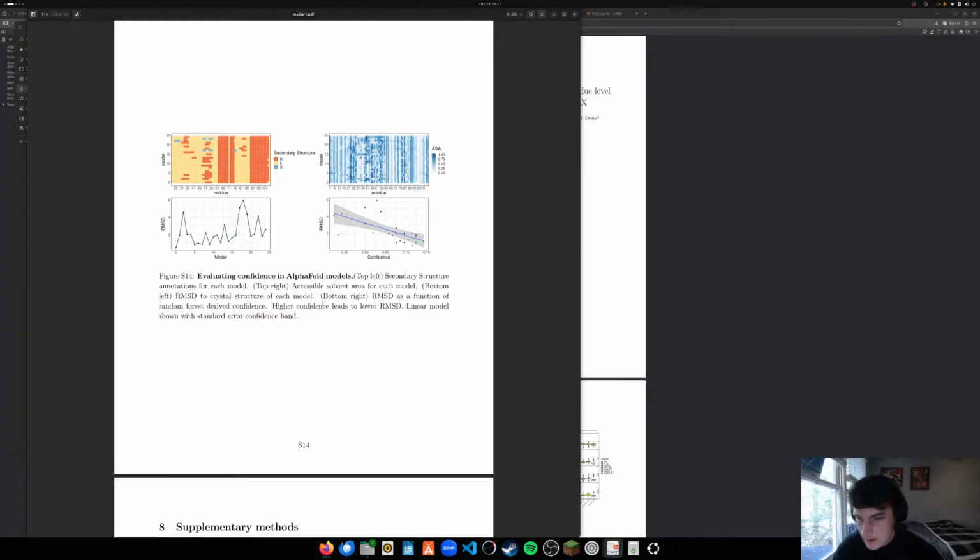Bottom left, RMSD to crystal structure for each model. Okay. Does that include the variance? Bottom right, RMSD as a function of random. Oh, okay.